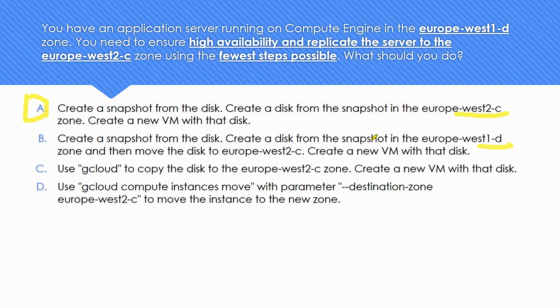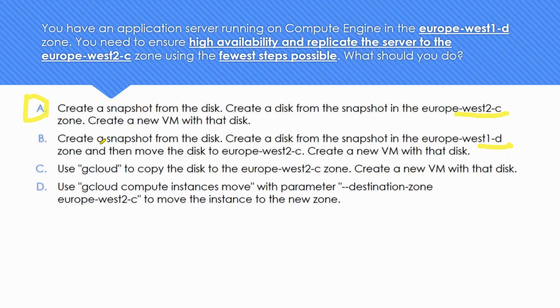Create a disk from the snapshot in Belgium only, and then move the disk to London. Create a VM with that disk. Option B. Now let me show you a small demonstration of this, folks. This needs to be very clear.